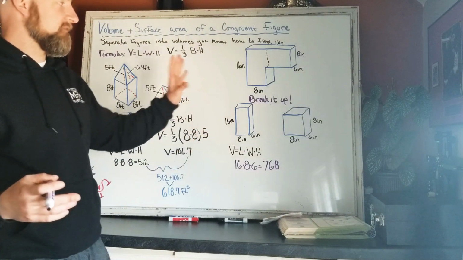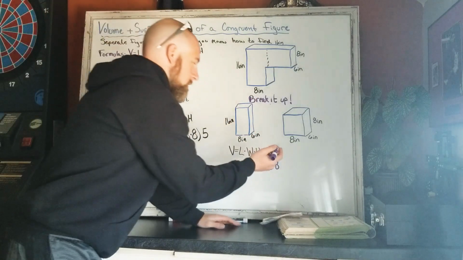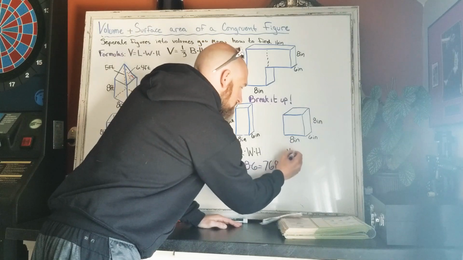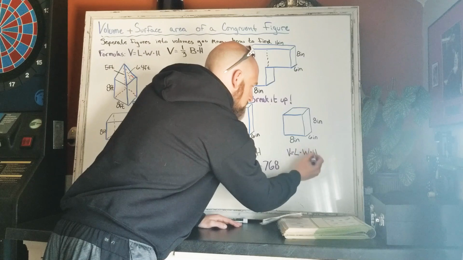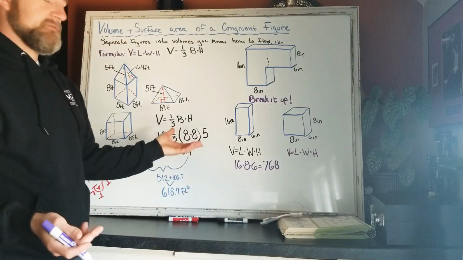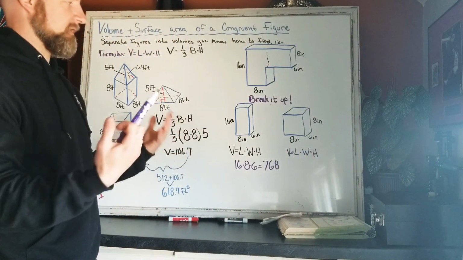Now we have to find the volume of the square. So again, volume is equal to length times width times height. So pause for a second. Look, what are our numbers that we're going to multiply together?